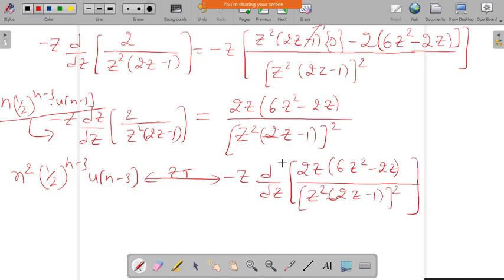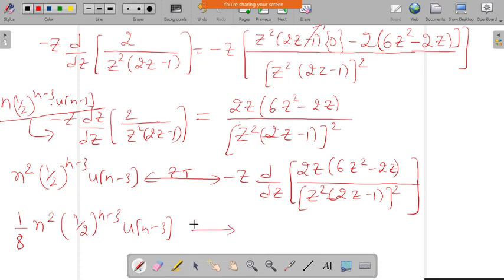Okay. So this is a corresponding result. So now you try to do this differentiation, then finally we are going to multiply this scaling factor, that is 1 by 8 into n square half power n minus 3 into u of n minus 3.